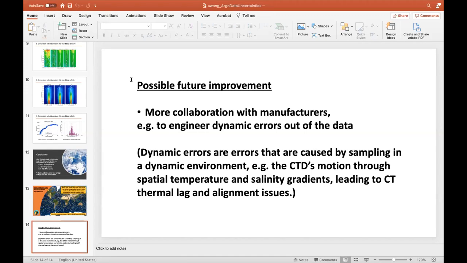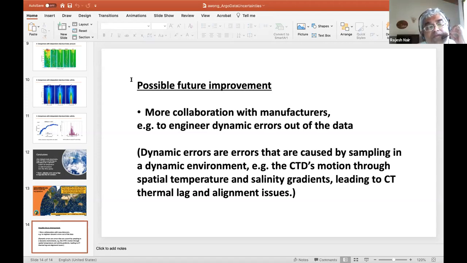Or at least oceanographers can tell the manufacturers what other information they need to be able to come up with better coefficients. Ascent rate is a very important piece of information for oceanographers who are interested in time response of sensors. But in the old days, the older style CTDs do not report ascent rate as such. So those are the pieces of information that are useful in a collaborative situation between the oceanographic community and the manufacturers.